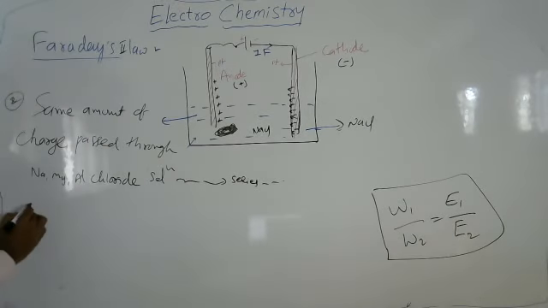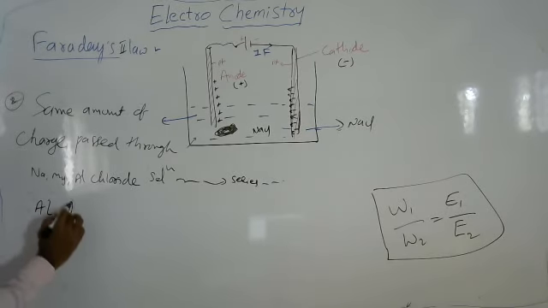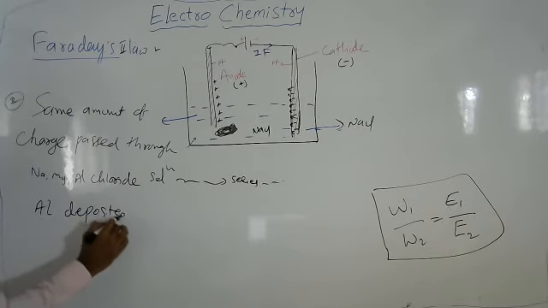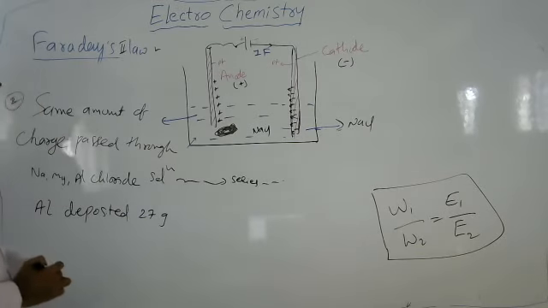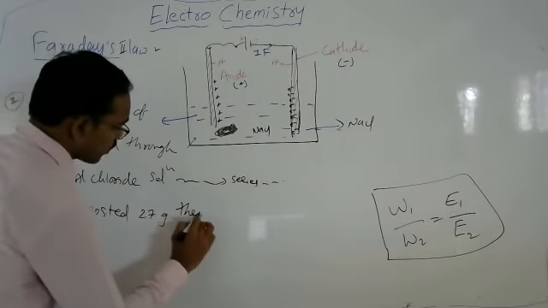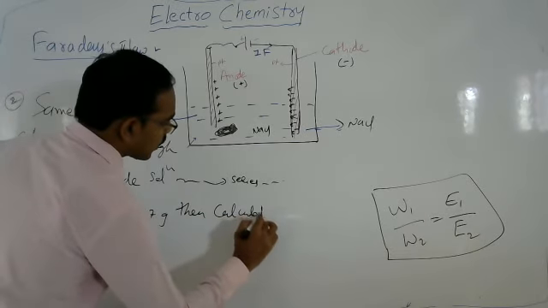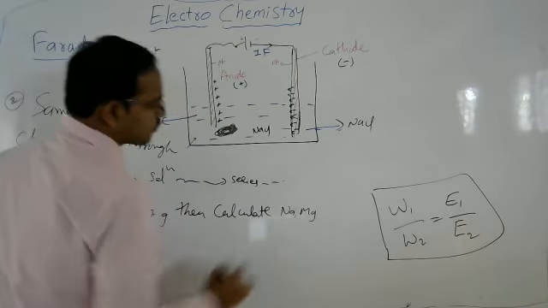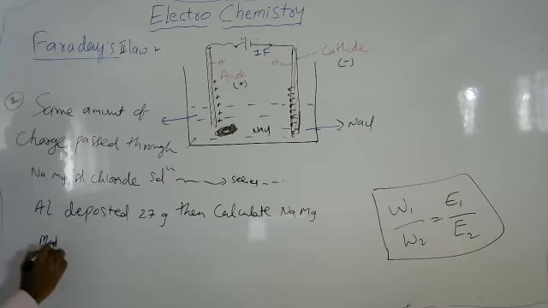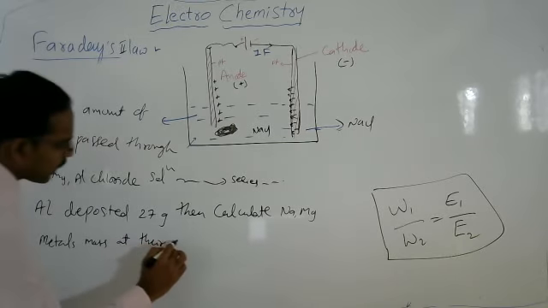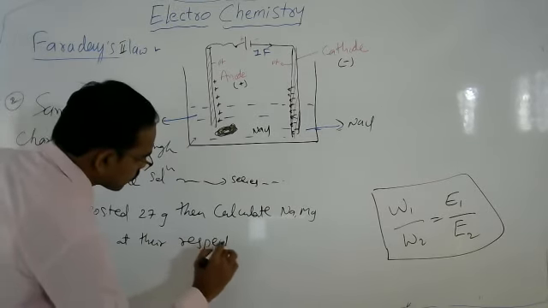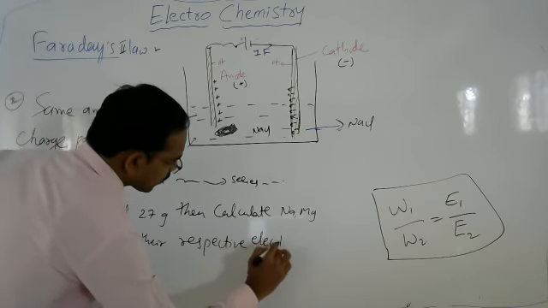Now, aluminum deposited 27 gram. Then calculate the mass of sodium and magnesium metals at their respective electrodes. Did you understand the question first?